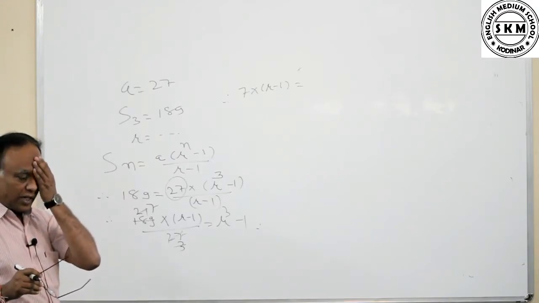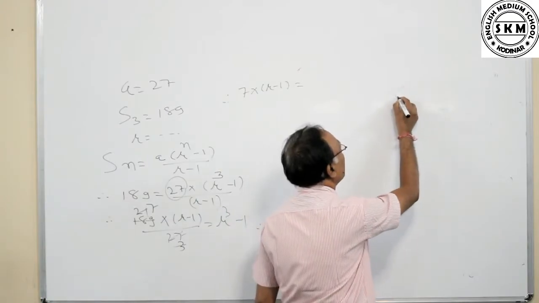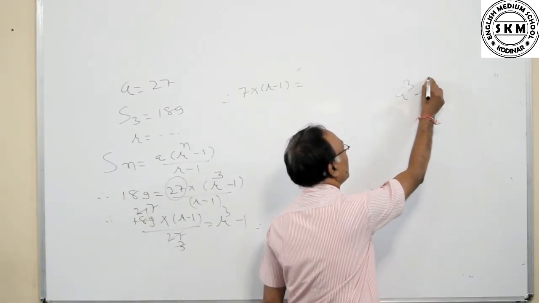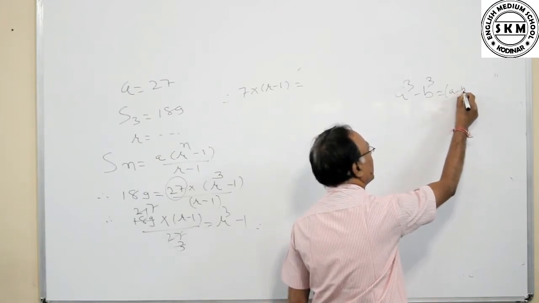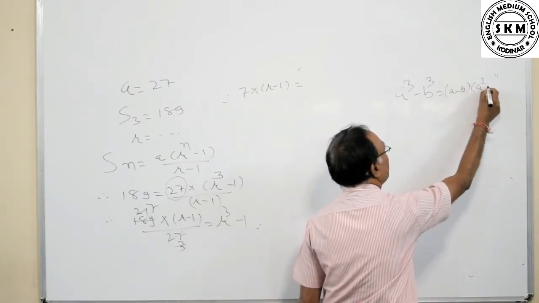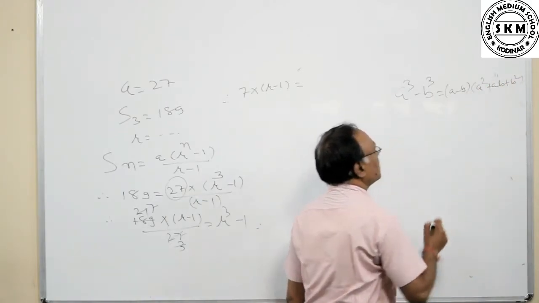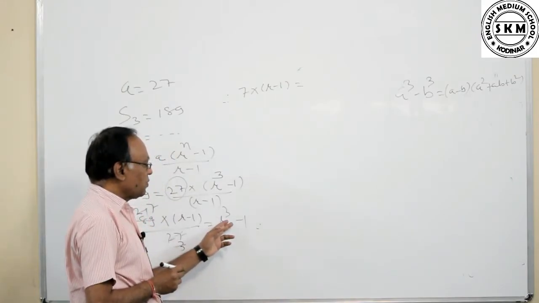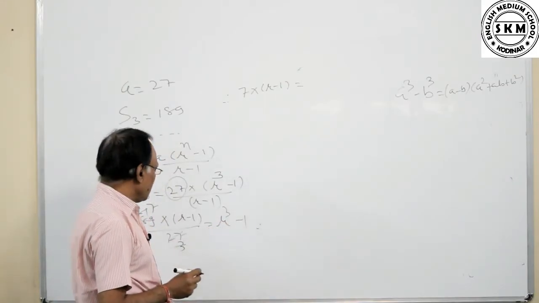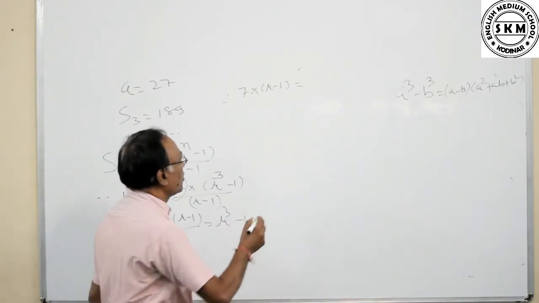Now the a cube minus b cube formula, which we learned in lower classes: a cube minus b cube is (a minus b)(a square plus ab plus b square). Applying the formula to r cube minus 1, we get (r minus 1)(r square plus r plus 1).